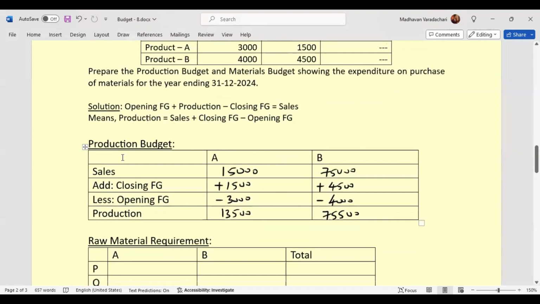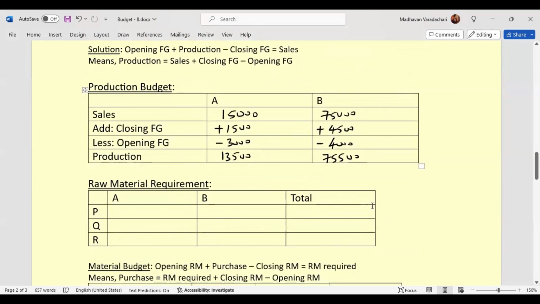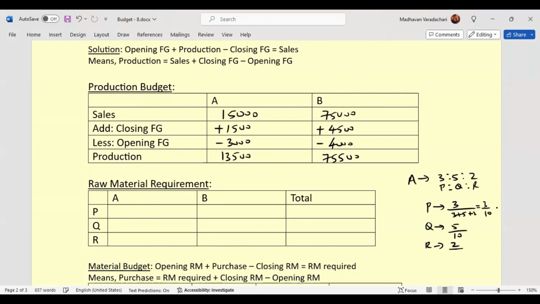Let us move on. Now we'll calculate the raw material requirement. For product A, it is given as 3:5:2. What is that? P is to Q is to R. Which means for P, it will be in the ratio 3 divided by 3 plus 5 plus 2 means 3 by 10. For Q, it is 5 divided by 10. For R, it is 2 divided by 10.